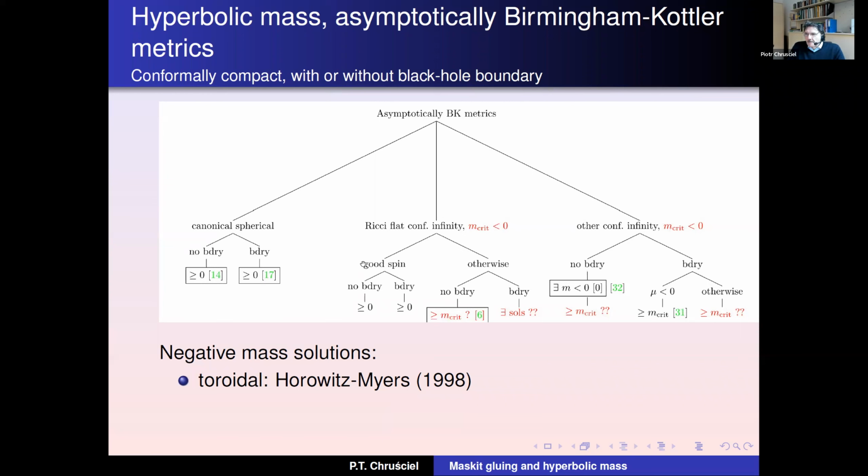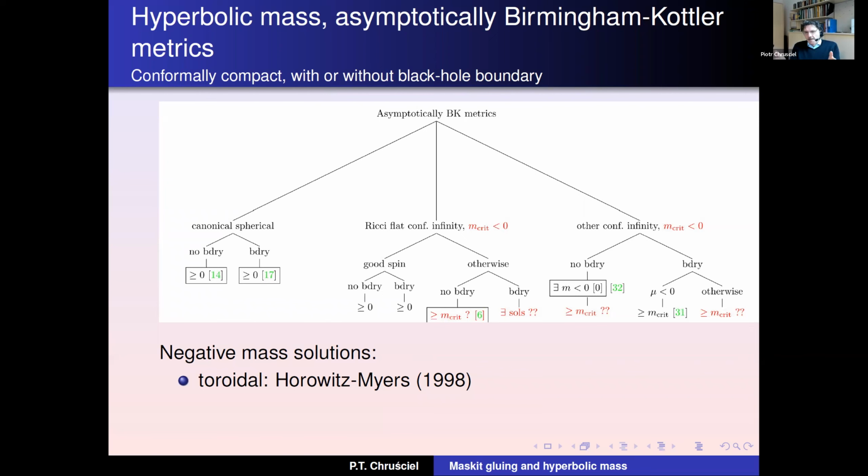This is a nice theorem of Geroch. But being spin is not good enough, because when you're trying to prove the positive energy theorem, you have to solve the Witten equation with boundary conditions, and the boundary conditions are tailored so that you can read off the mass at infinity from some integral. And if you don't have spinors which give you these boundary conditions that you need, then you are dead. If you take a standard Kottler-Birmingham metric, which is toroidal, then the manifold is a product, and you have good spinors there.